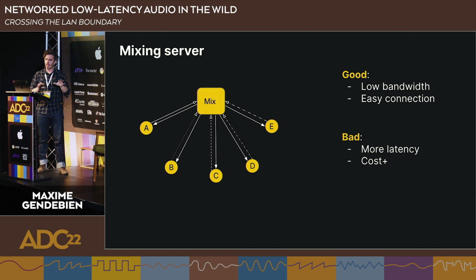You need to come up with a clever remote controlling scheme, application, whatever, to allow each agent to fine-tune their mix of all the others. The mixing server builds the mix and sends it back as one stream to the user. It's the lowest bandwidth requirement, obviously, but you will be faced with the same challenges as with the relaying server.